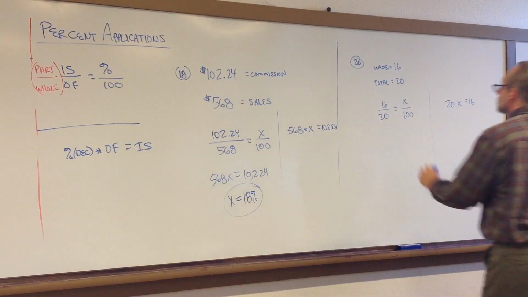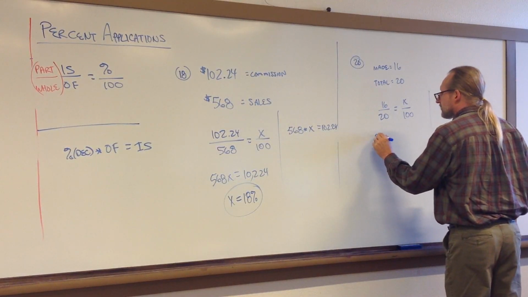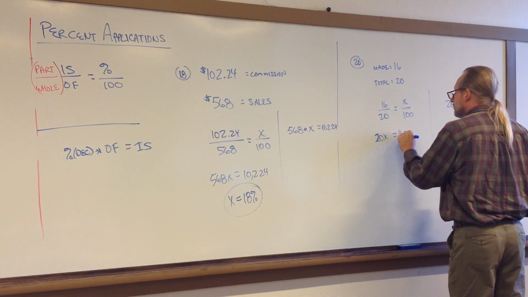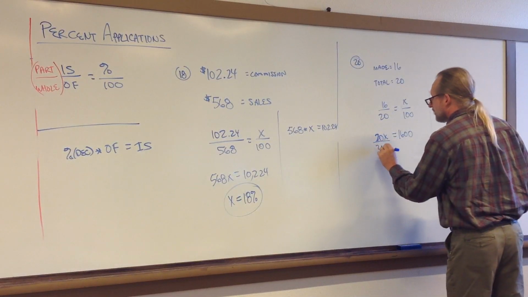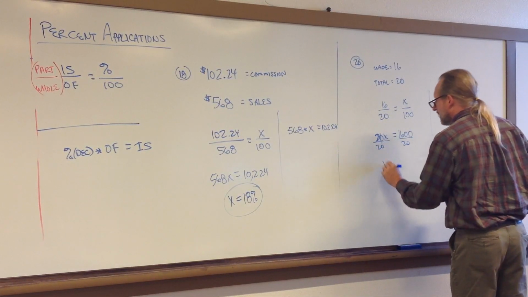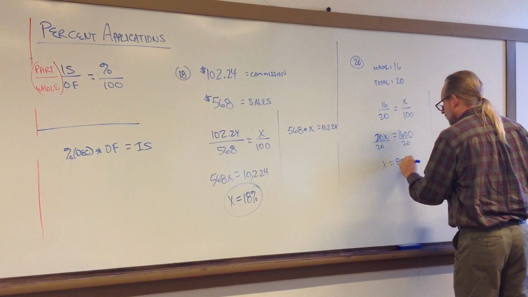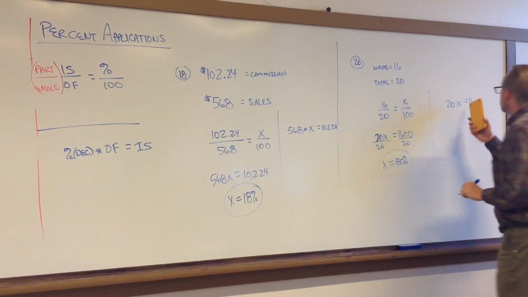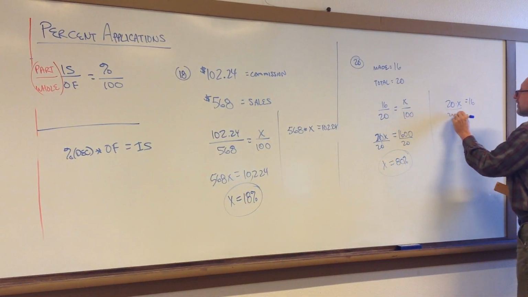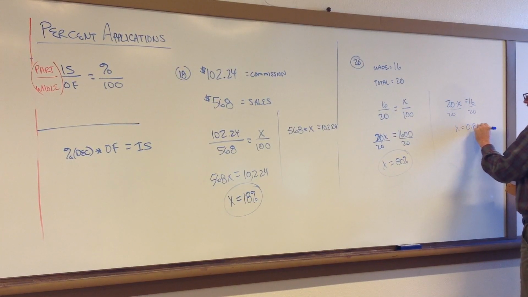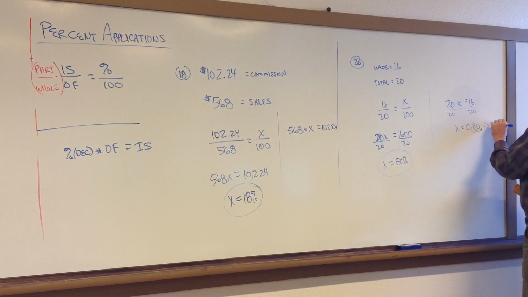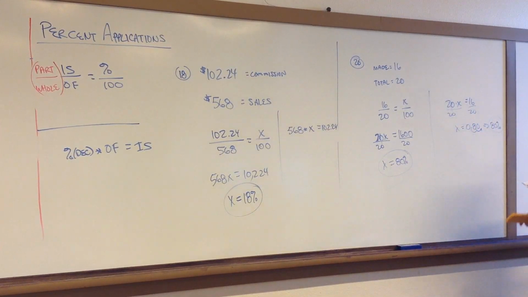All right, so let's see, this will be 20x equals 16 times 100. Divide on both sides by 20. Looks like 80%. X equals 80%. If we did this, notice how we would get 0.8. X equals 0.80. And you can move your decimal point, or you can multiply by 100, but that's 80%.